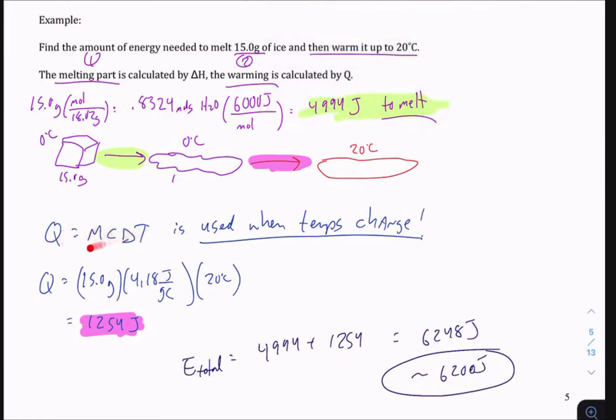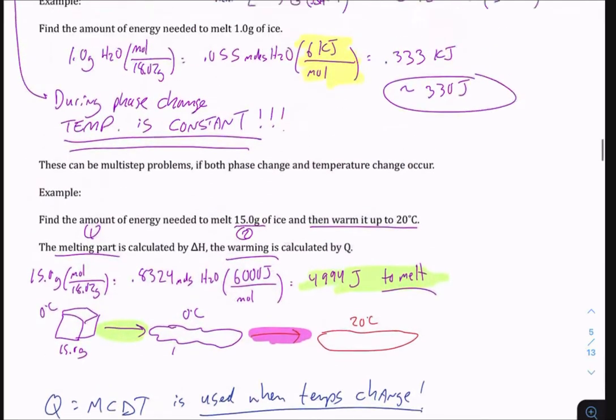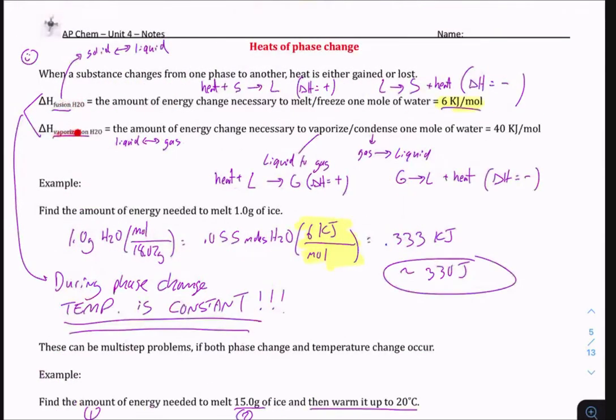But if there is a change of state involved, you have to include either heat of fusion or heat of vaporization. Clearly these values of 6 and 40 are relative to water only. If there was another substance, like the heat of fusion for aluminum, for example, those would be different values, of course, and you would not be expected to know those. Those would be provided to you in the context of the problem.